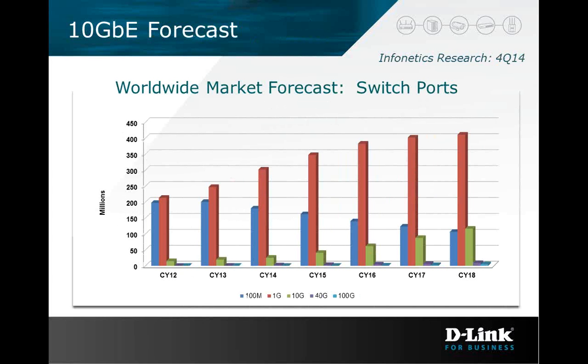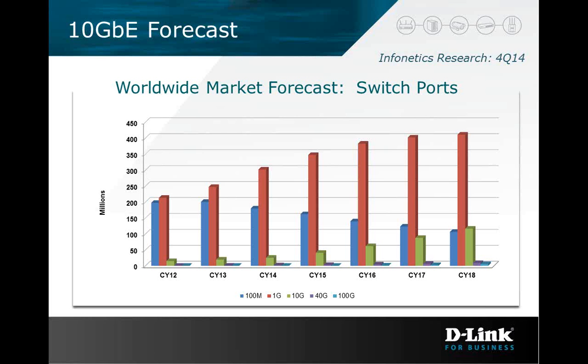I also had some information from Infonetics, and this is a little bit dated. This is from fourth quarter of 2014. And the first thing we'll look at here on this chart is, again, worldwide information looking at ports. And you can see here along the x-axis is the years 2012 through forecasting out through 2018.